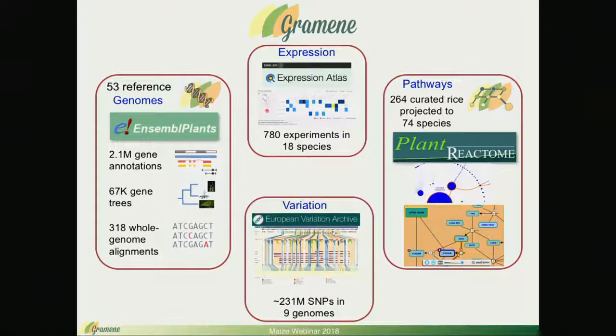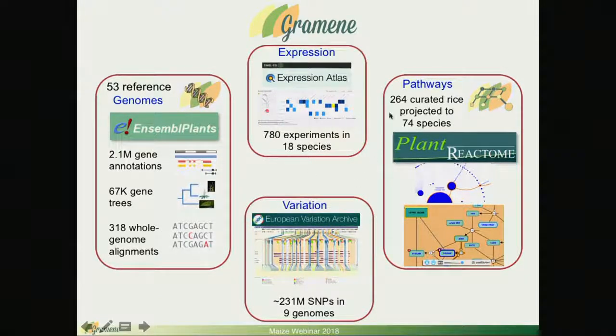In brief, here is a little overview of what you can expect to find in the database. We have currently 53 genomes in the database, over 2 million gene annotations, 67,000 gene trees, and at the DNA level, pairwise whole genome alignments across the species.